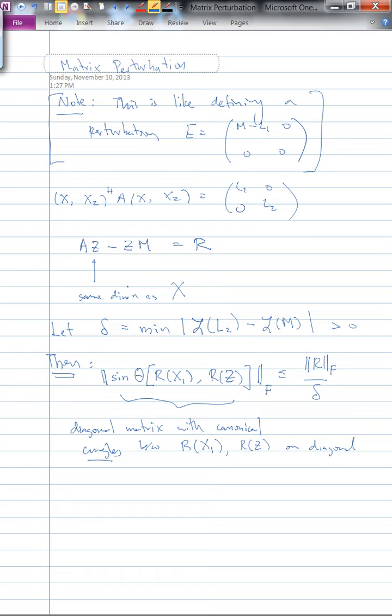So the proof of this result is pretty straightforward. Let's use everything that we've seen. We have that R is equal to AZ minus ZM by assumption.